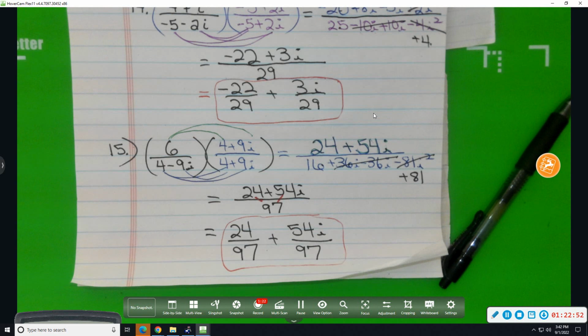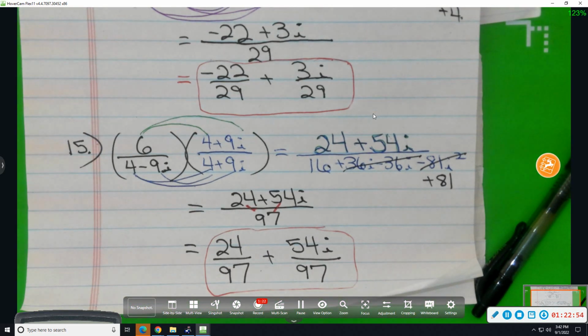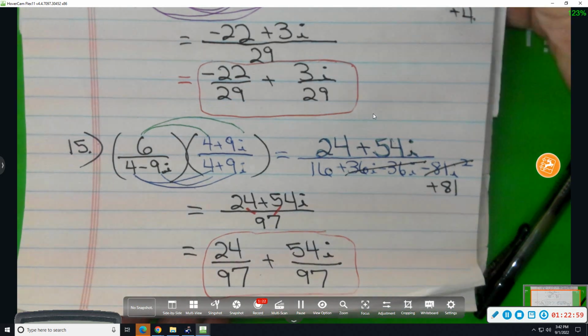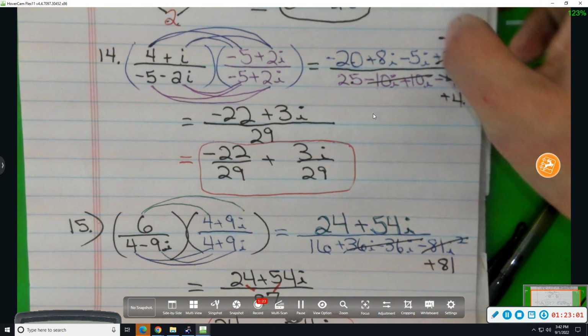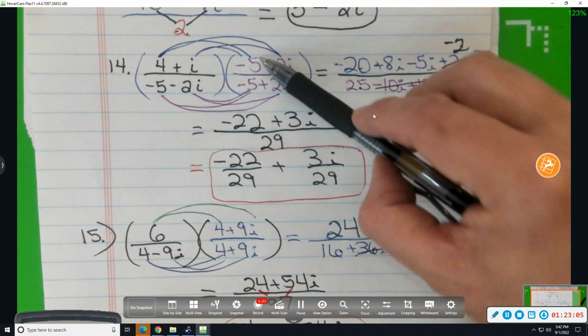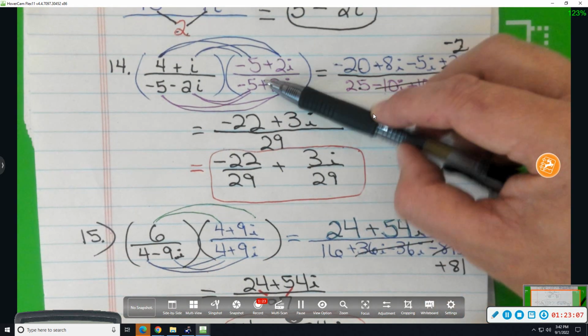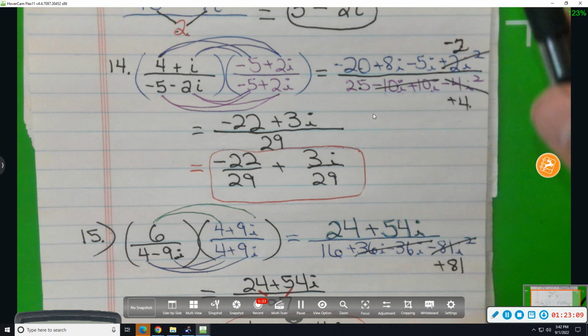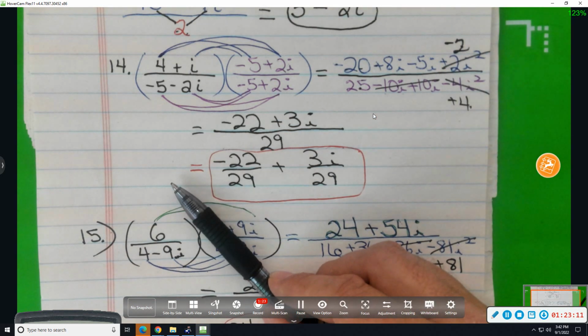That's why we have to do it above and below. 4 plus 9i divided by 4 plus 9i is just 1. That's the basic thing that allows us to build these equivalent fractions. You're multiplying by 1, the same thing over itself. So if you cancel that out as 1, you're back where you started.